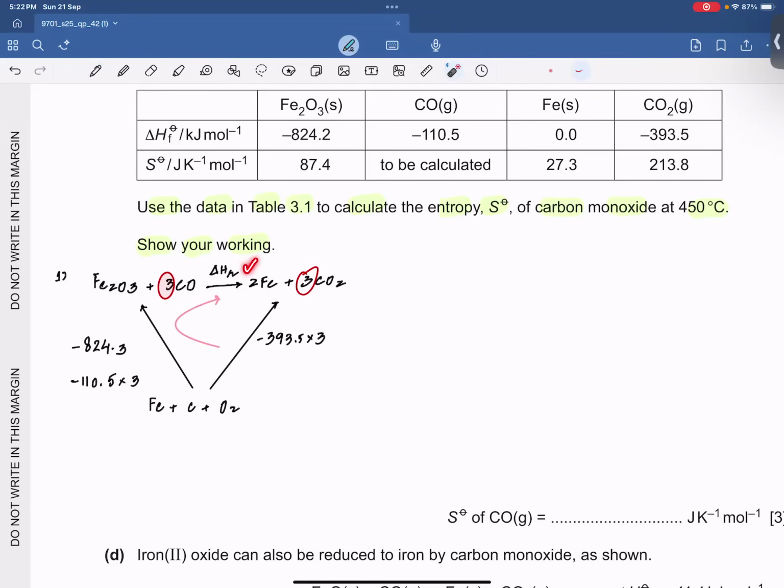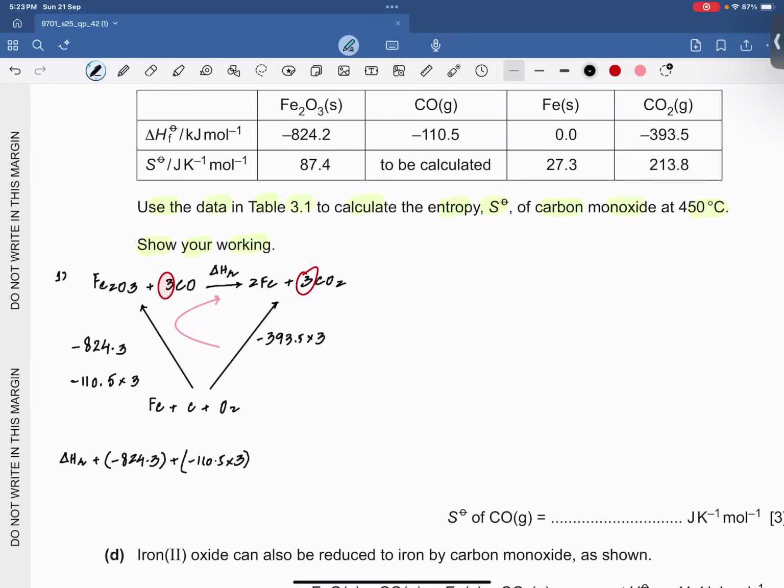Make an arrow in the clockwise direction and rearrange the values, and then I'll get the answer. Now this value and these 3 values have to be positive. This value has to be taken negative, and I'll equate all the values equal to 0. So this is delta HR. This value is positive, plus minus 824.3 plus minus 110.5 times 3. So I have to take these values as positive.